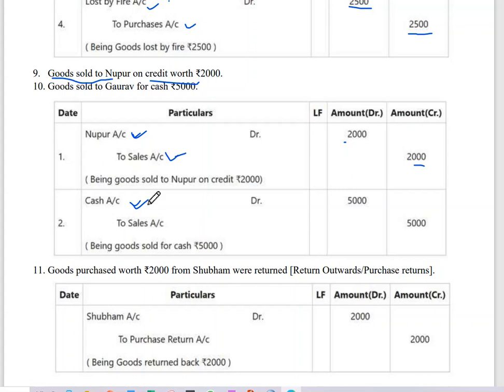If we use the name of Gaurav here, it will be like a credit transaction. Then it shows that something is left to be received from Gaurav. So it should not be the name of the person or an artificial person. If it is paid in cash, that should be written as cash account debit to sales account, being goods sold for cash.